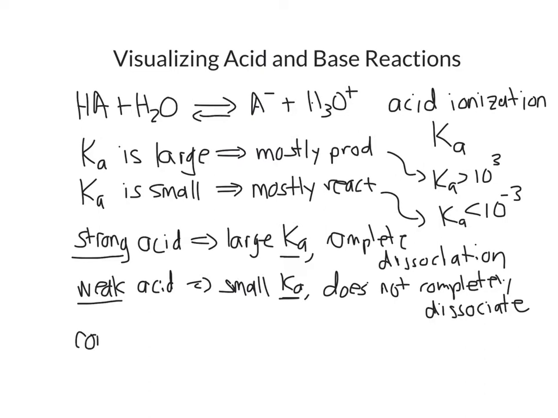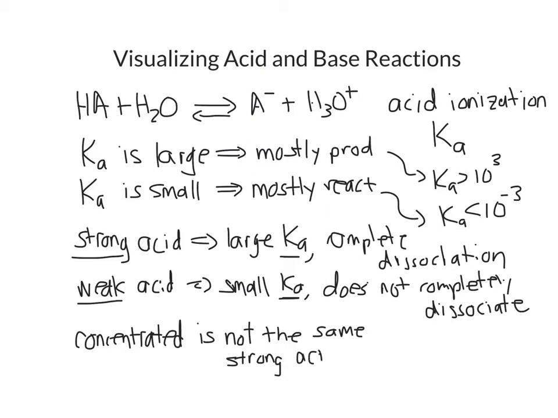So a concentrated acid is not the same as a strong acid. So you can have a strong acid that is concentrated, but you can also have a strong acid that is not concentrated, that is dilute. And you can have a weak acid that is concentrated or a weak acid that is dilute.